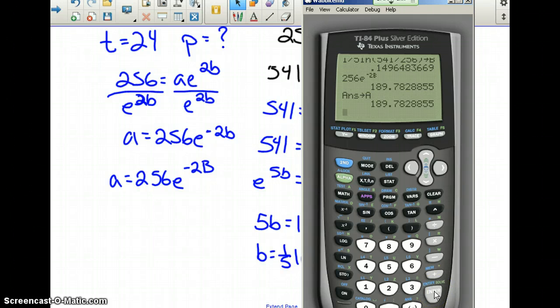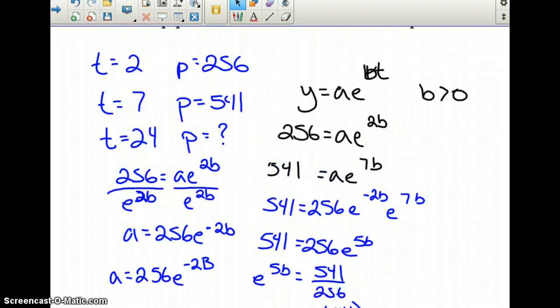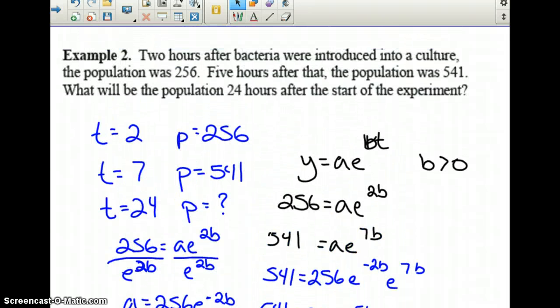All right. Now we have all the information we need to find our value. We are looking for the population at time 24 hours.